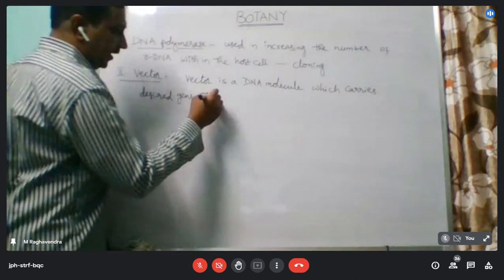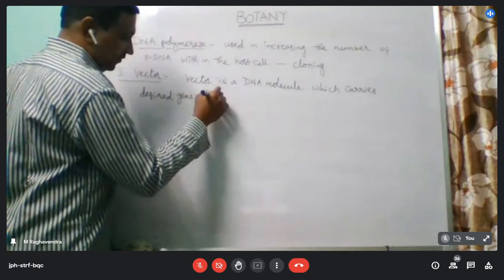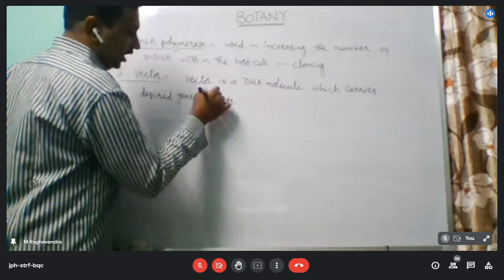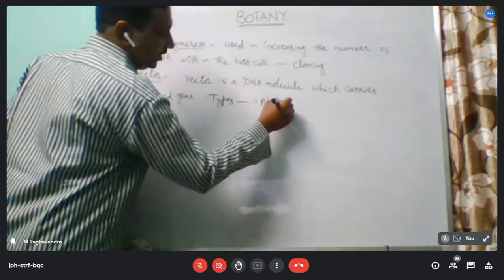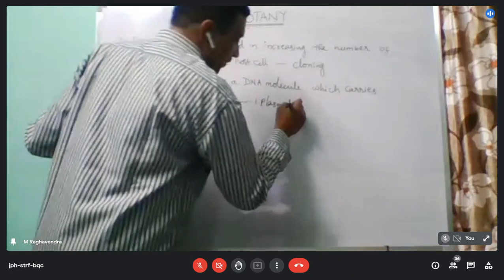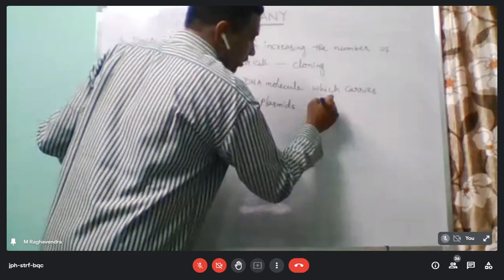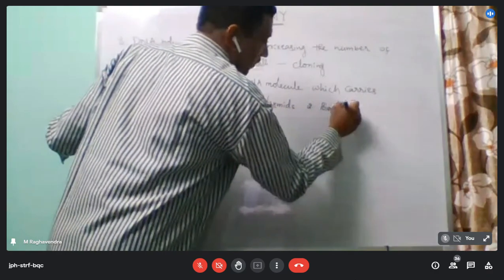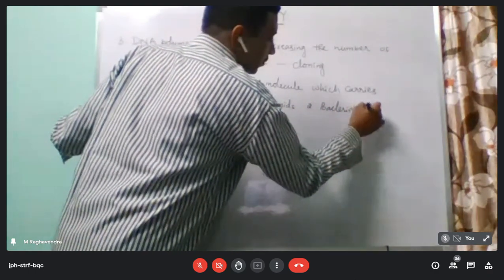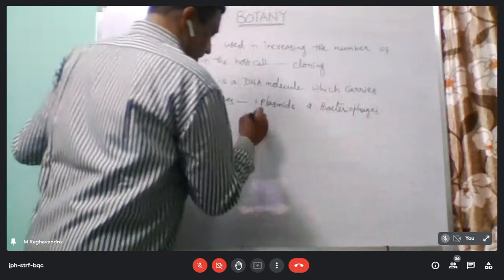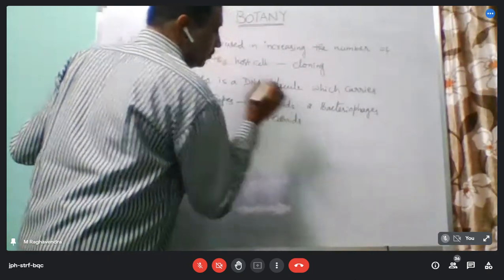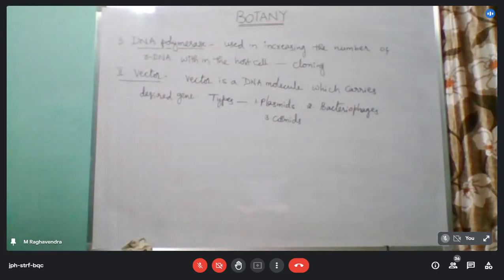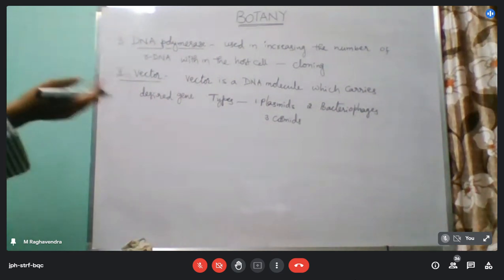Now, what are the vectors we are using? Types of vectors: there are different types of vectors. Number 1 vector is a plasmid, then bacteriophages, and cosmids. There are also artificial chromosomes, but for examination, these three are very important.